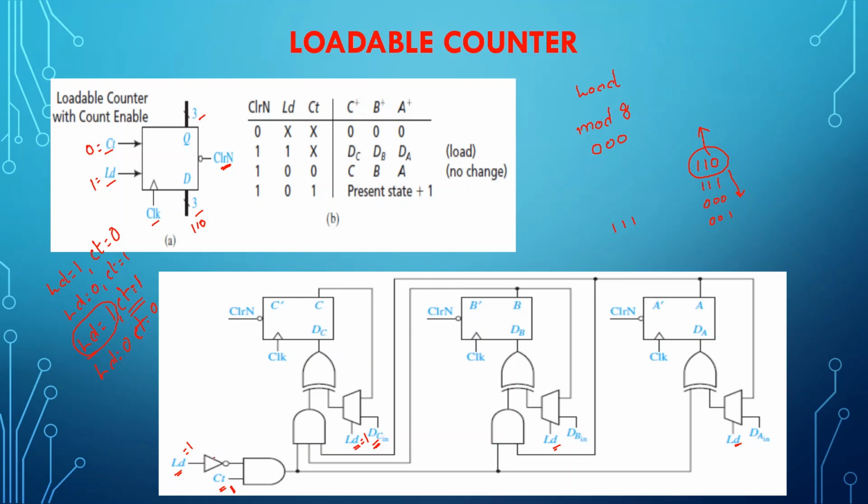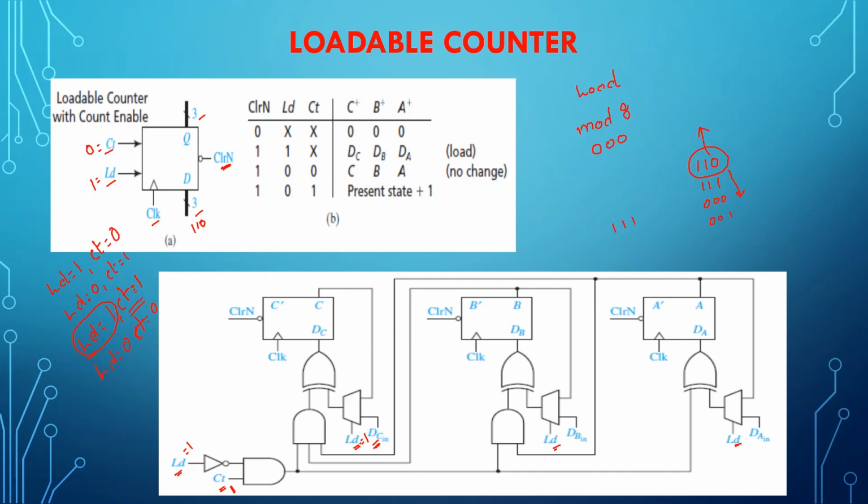Basically from here nothing happens. The only thing from where the data will get loaded to this flip-flop is through these multiplexers. So the additional thing I can see here is I have rigged up a loadable counter with a multiplexer, where your load signal can override the count signal when both are equal to 1.